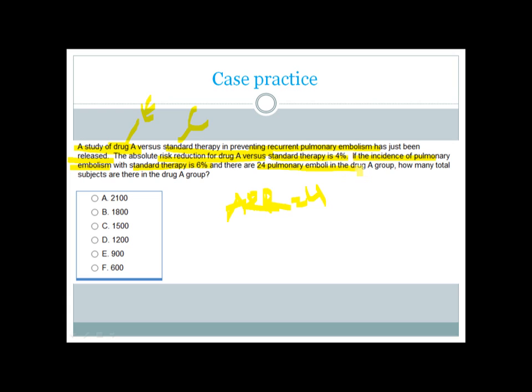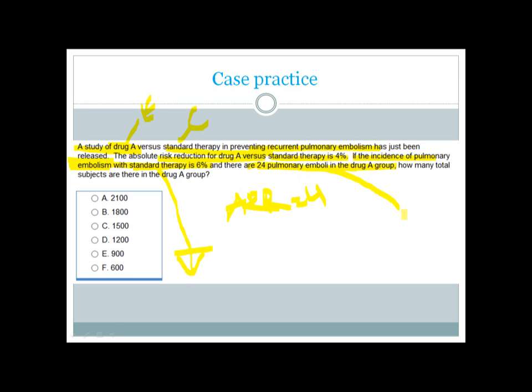And if the incidence of pulmonary embolism with standard therapy is 6%, and there are 24 pulmonary emboli in the drug A group. So here the incidence of pulmonary embolism with standard therapy is 6%, which is the incidence of disease in the control group, and there are 24 pulmonary emboli in the drug A group.